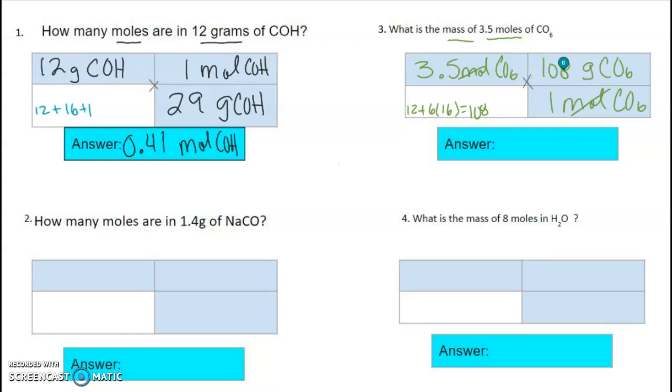All right, now we're going to multiply the top and divide by the bottom. So we get 3.5 times 108 divided by 1. If you put that in your calculator, you get 378 divided by 1. So our answer is going to be 378 grams of CO6.